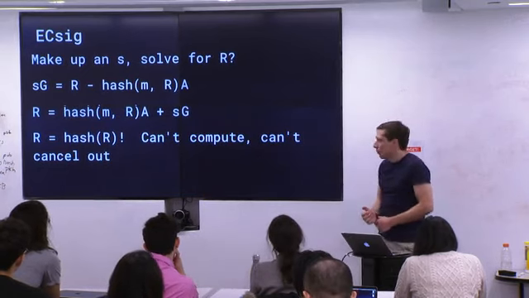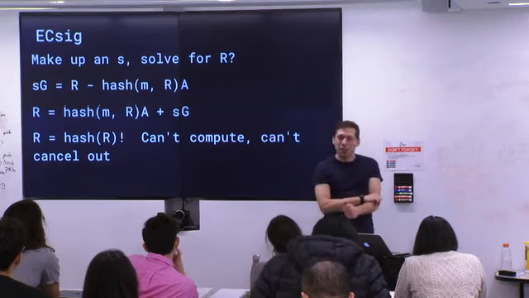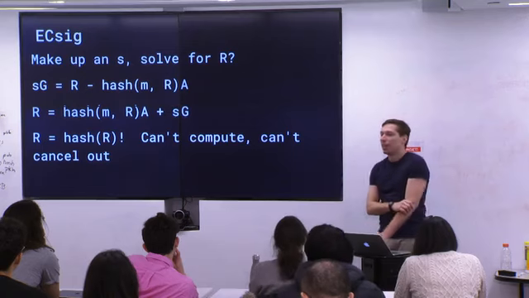There is one sort of foot gun with these signatures. If you use the same R value for different signatures with the same pub key, you reveal your private key. So K has to be random and new every time.